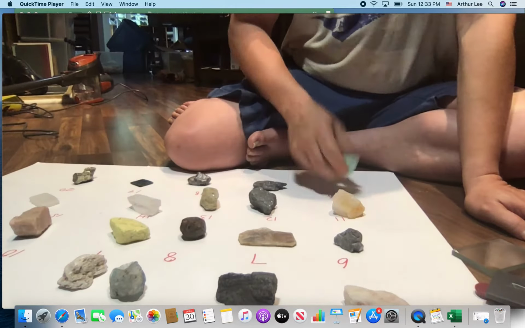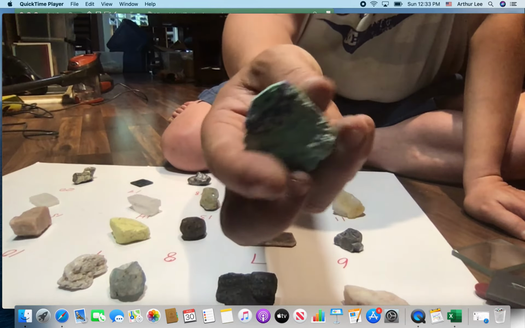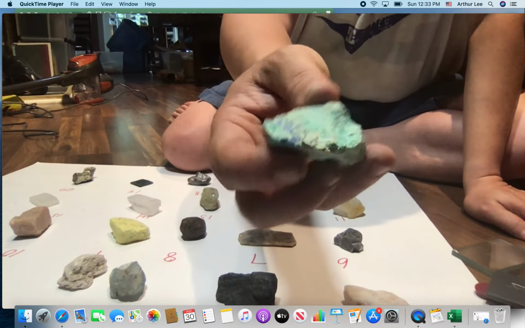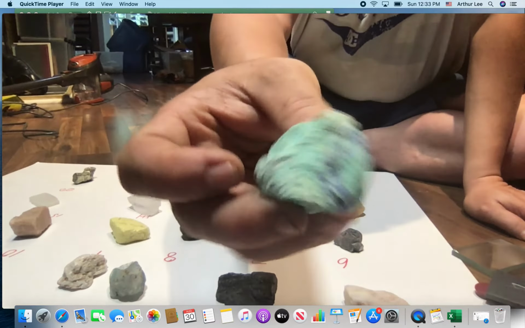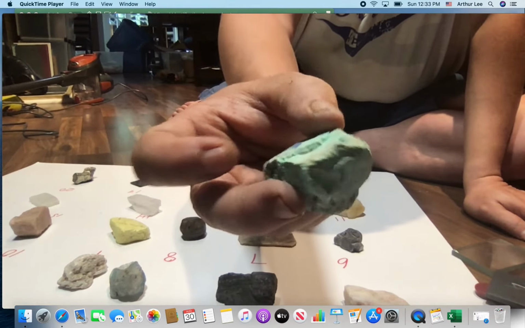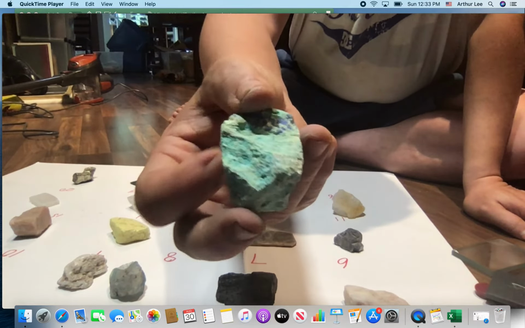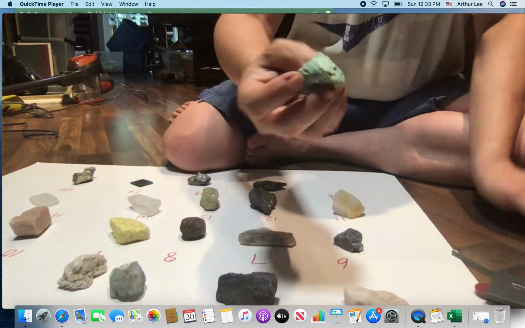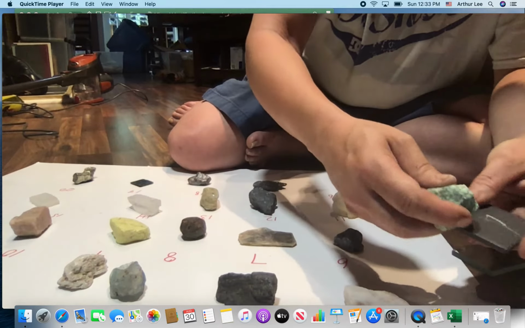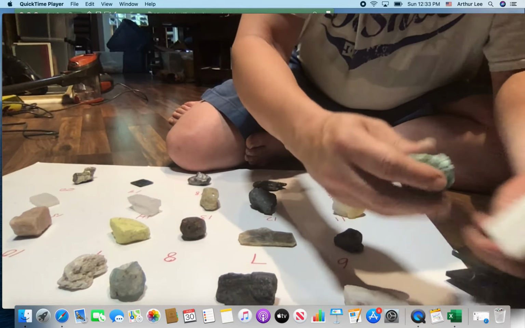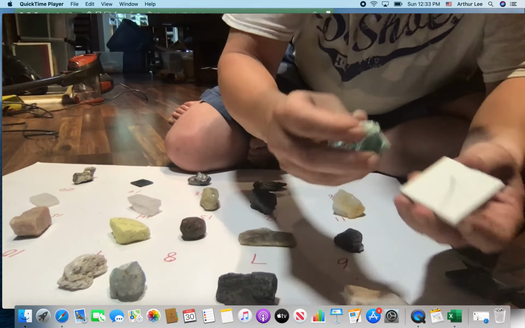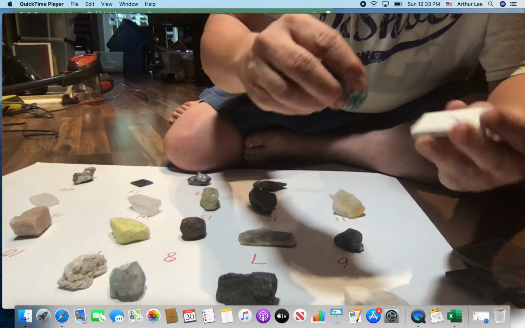Number 16. This mineral here doesn't look like anything else that you've seen so far, does it? Color really stands out. Let's rub it against a plate and see what we get.